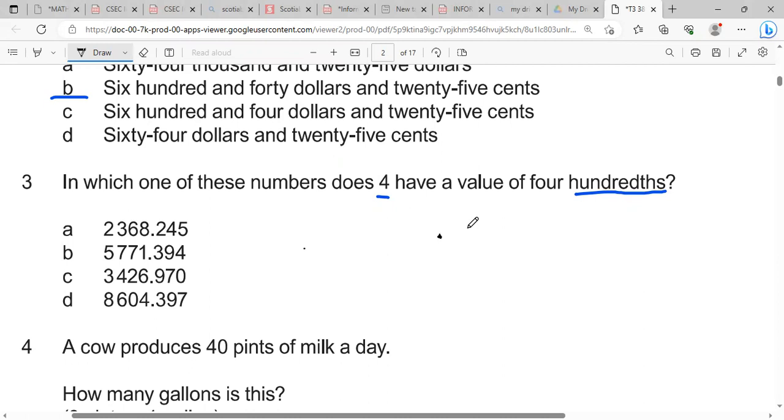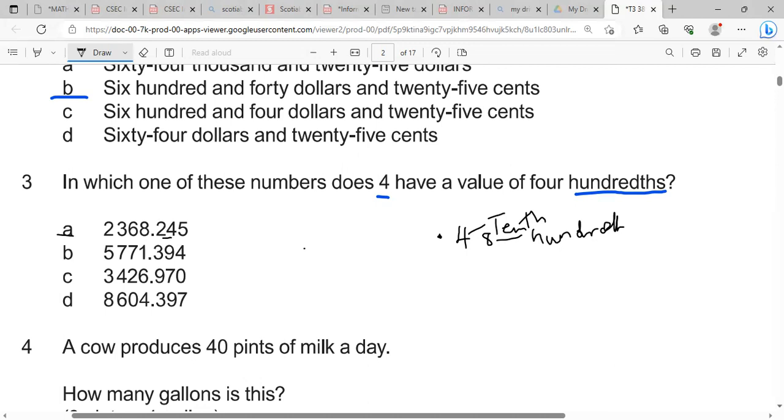If it was right here, it would have been tenths. So immediately after the decimal point you have tenths, and then this one would be hundredths. So you're looking for a digit in the second place. And of course, the third one would have been thousandths. So here would be it. So that would be correct. All right. So that would be A.